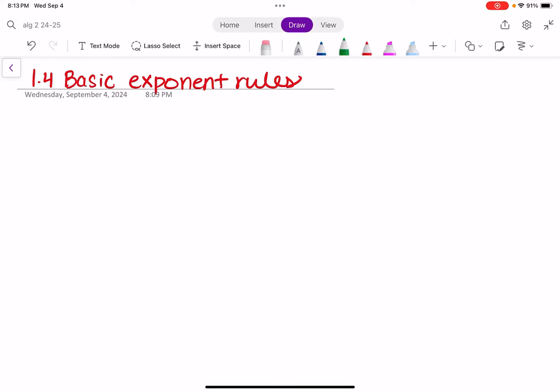Okay, so let's say we had the problem negative 2x to the fifth times 4x squared. Essentially, what this is saying is, hey, we're doing negative 2 times 4, right? These are these parts right here.